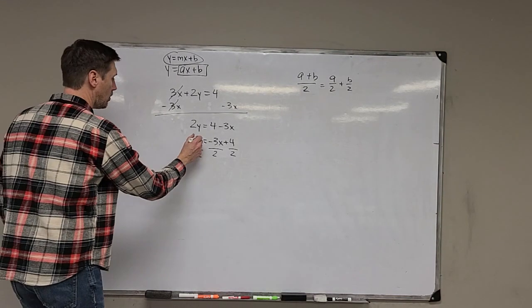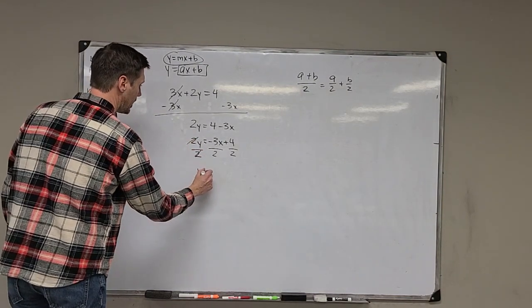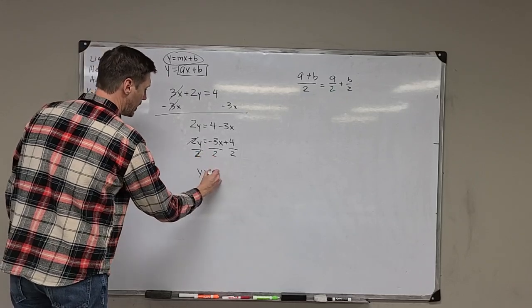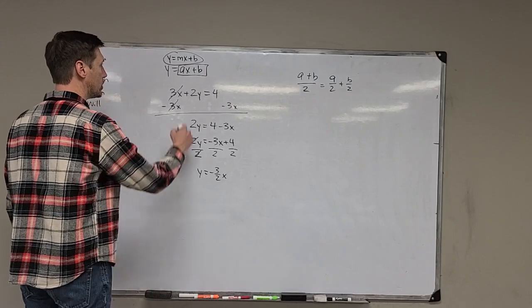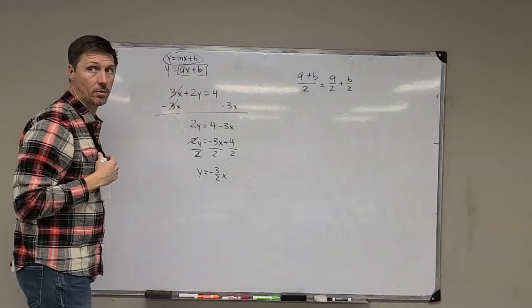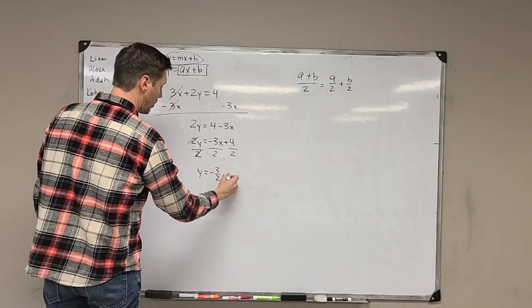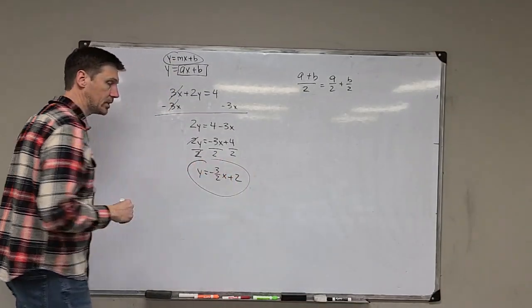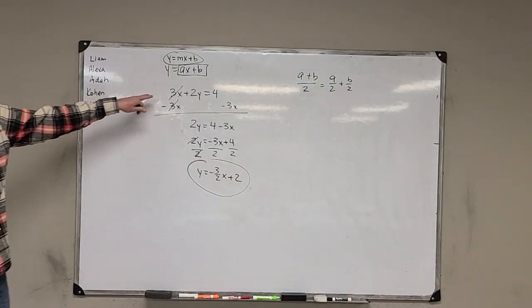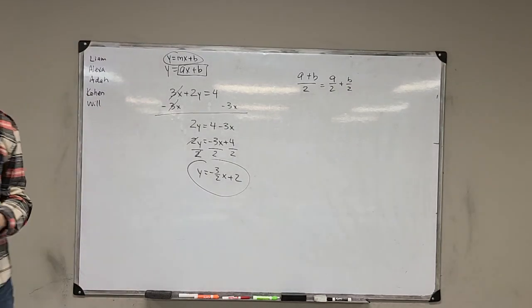So now these 2's go away, and I'm left with y equals negative 3 halves. I'm going to put that in front of my x here. I'm going to write it like that, just so that it more closely resembles this form here. And 4 divided by 2 is 2. So that would be my simplified version of this equation, manipulating it so that we've solved for y.